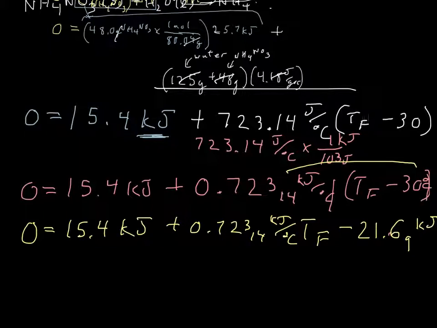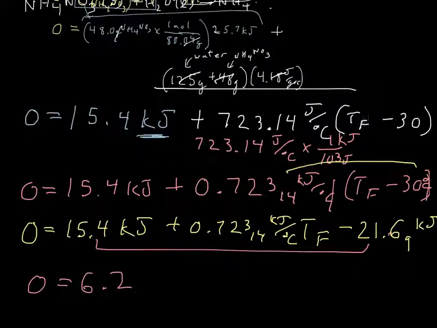Now it becomes an algebra exercise. I need to get that term by itself. Well, even before we do that, let's combine. This term and this term have the same unit, and no variable with them, so let's combine them. That gives me a negative 6.29.